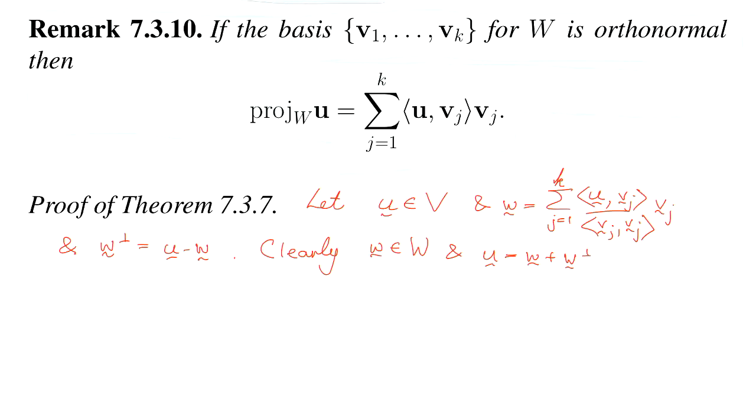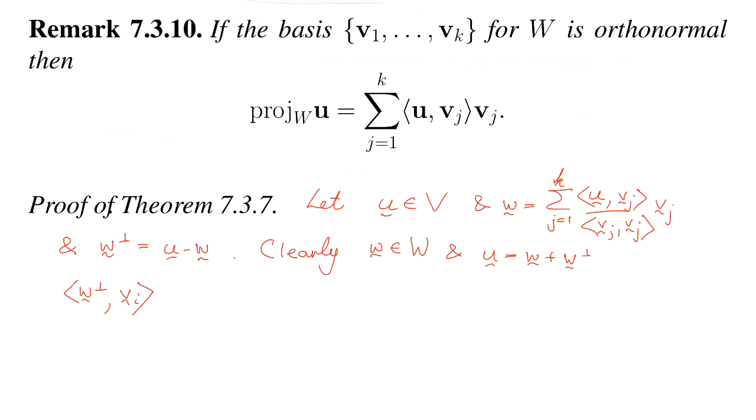So the first thing that we've got to show is that this thing lives in W perp. So what does that mean? Well, it means we've got to take an inner product of W perp with anything in W and show that we get 0. But you'll prove on the problem set that it's actually enough to show that all the inner products with the elements of a basis, an orthonormal basis or an orthogonal basis, are 0.